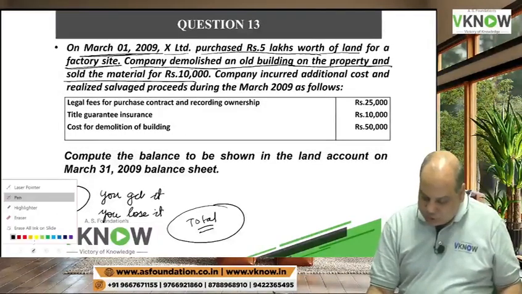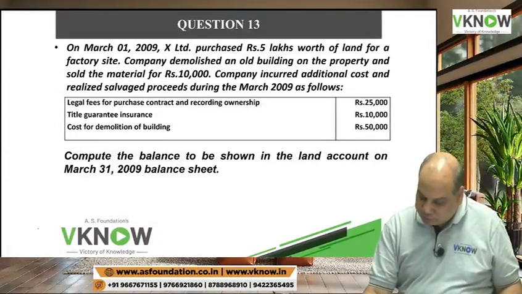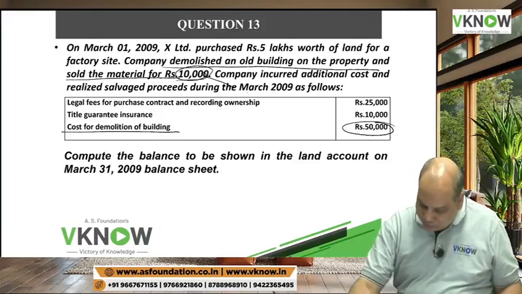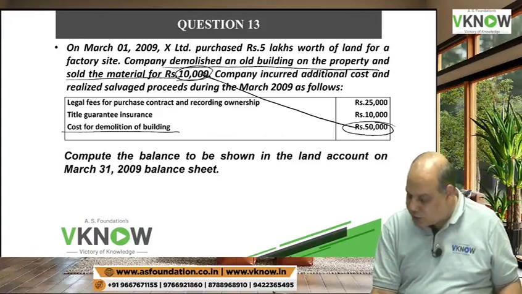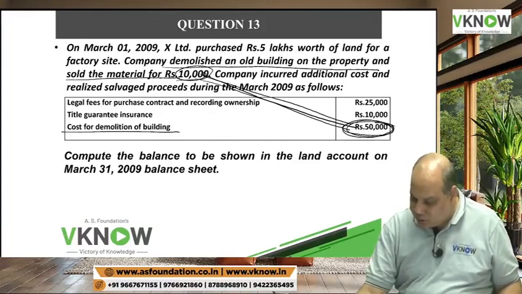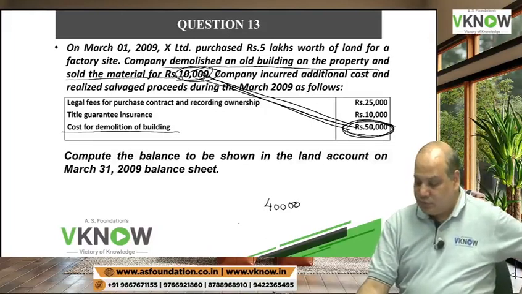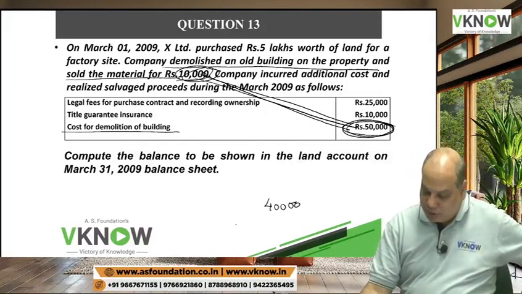So there is a site preparation cost. What is the cost of demolition? 50,000. Whatever scrap you generated, you sold it for 10,000. So net site preparation cost will be 50 minus 10, 40,000. 40,000 will also be treated as the cost of PPE.